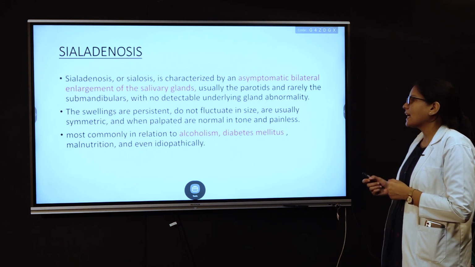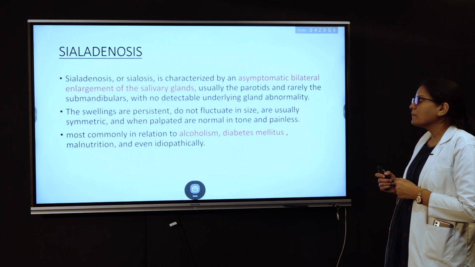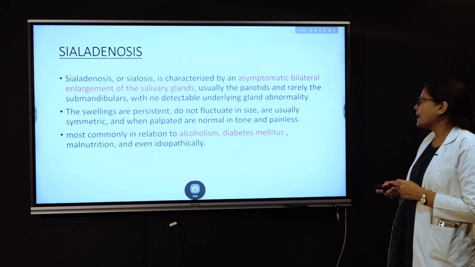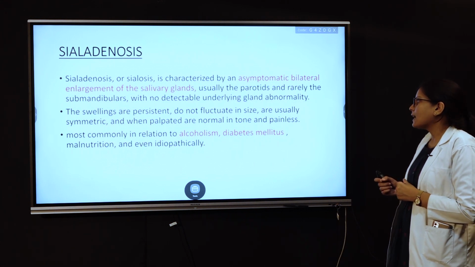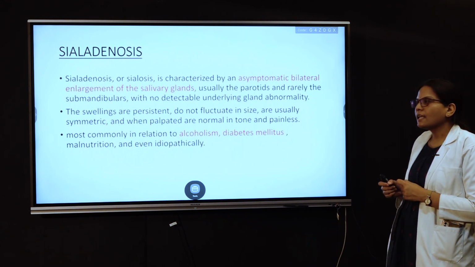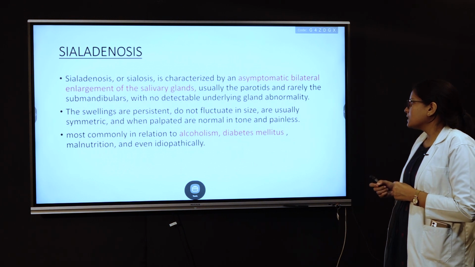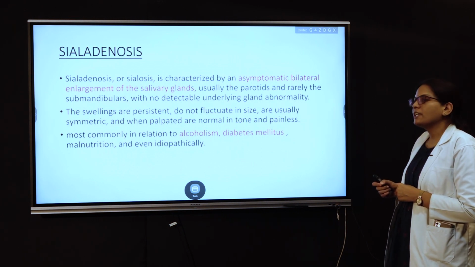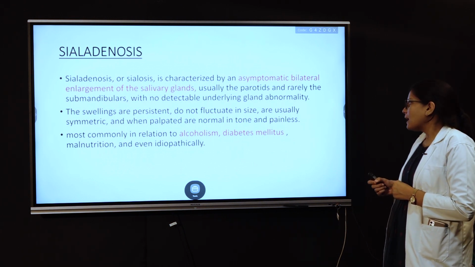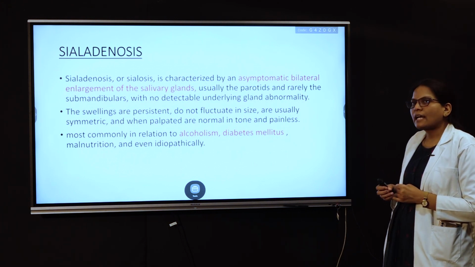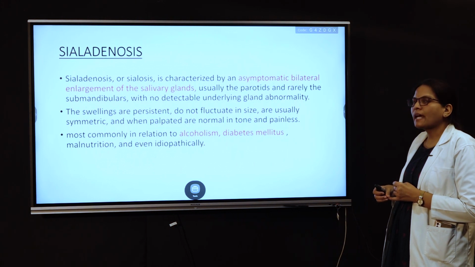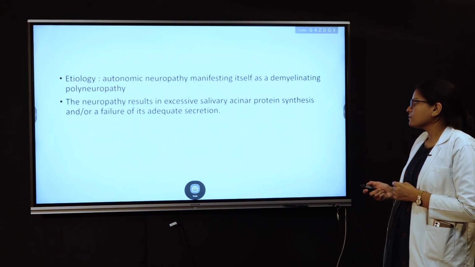The next condition is sialadenosis. Sialadenosis or sialosis is characterized by asymptomatic but bilateral enlargement of your salivary glands, involving the parotid glands mostly and rarely the submandibular glands, where there is no detectable underlying pathology. The swellings are persistent and do not fluctuate in size and usually are symmetric, and when palpated are normal in tone. Most commonly they are seen in patients with alcoholism, diabetes mellitus, malnutrition and idiopathically.